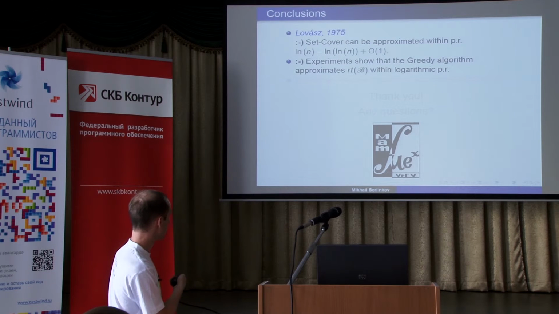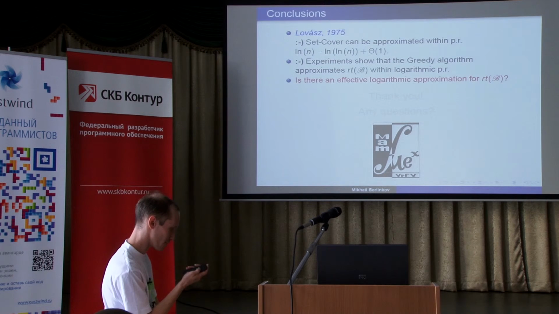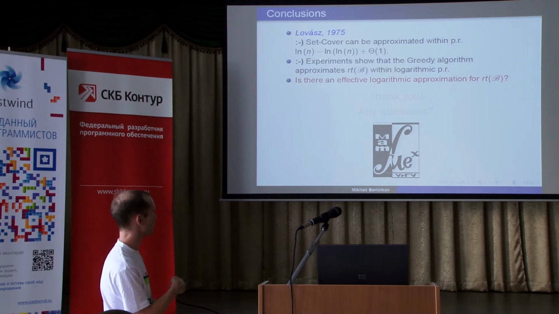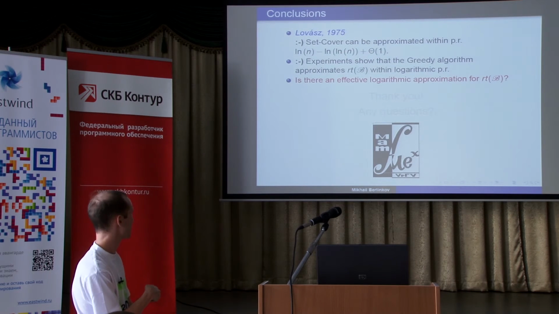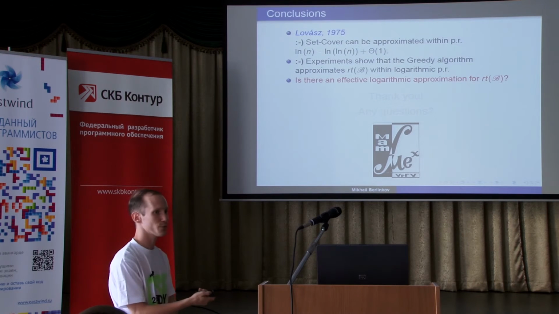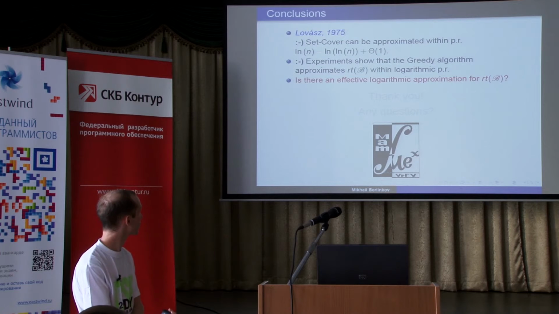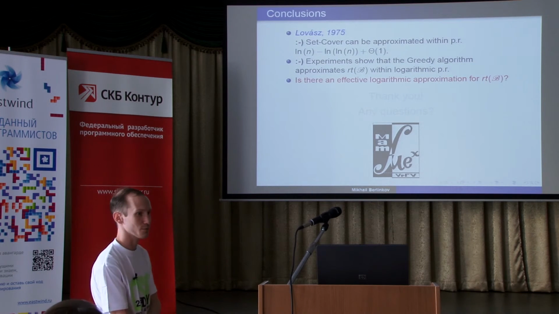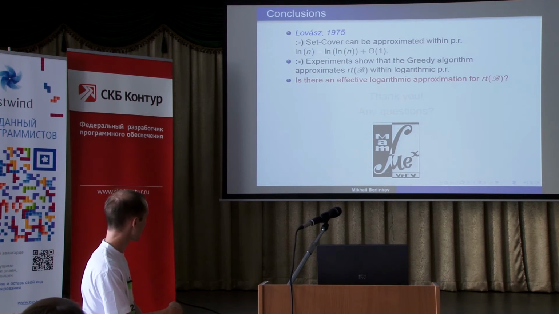And thus, the main question is to get the analogous result as for the set cover problem. That is, does the greedy algorithm approximate reset thresholds within a logarithmic performance ratio, or can some other algorithm do this? So that's all.